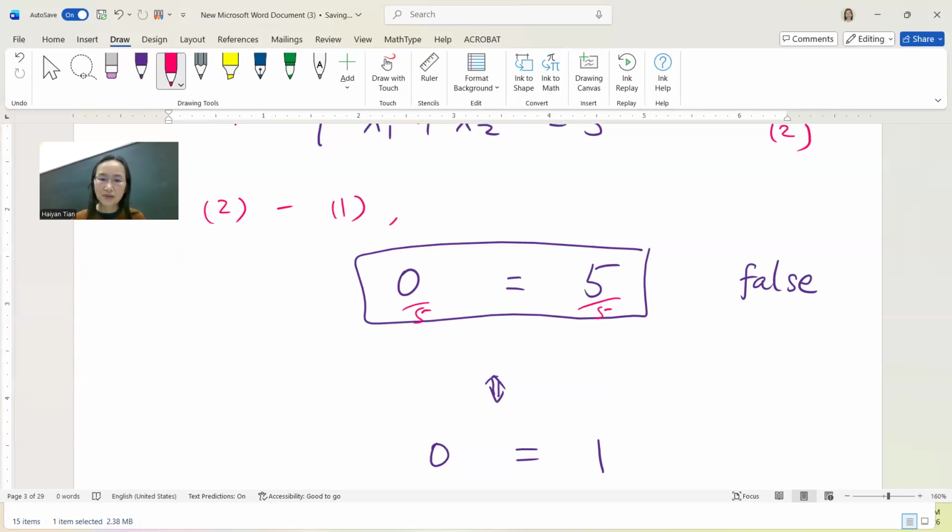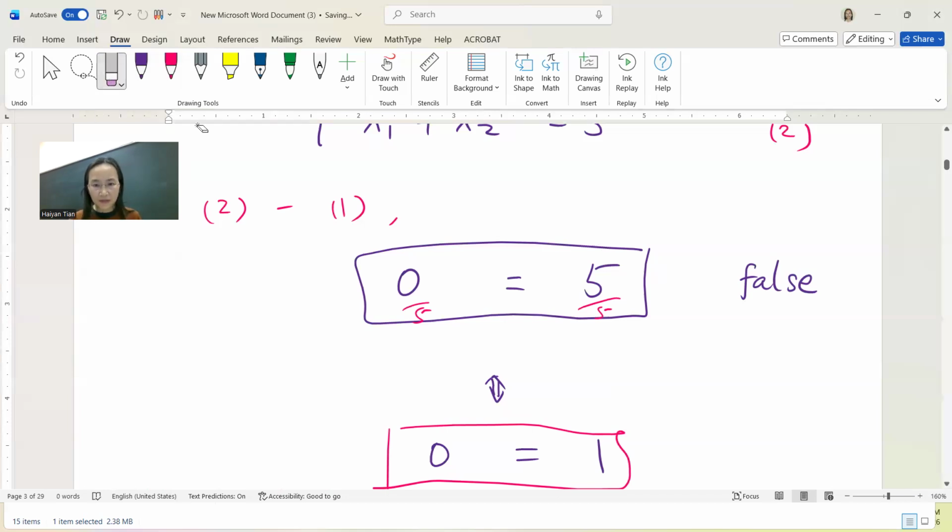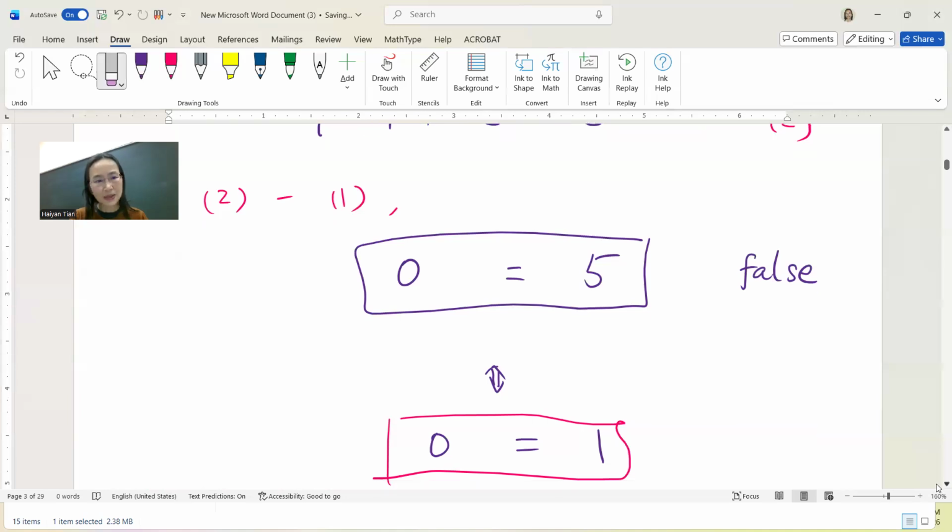So 0 equals 5 or 0 equals 1, they are equivalent. Although they look different, they are saying the same thing. From one, you can arrive at the other statement. So that means the system has no solution. It's possible a system has no solution.